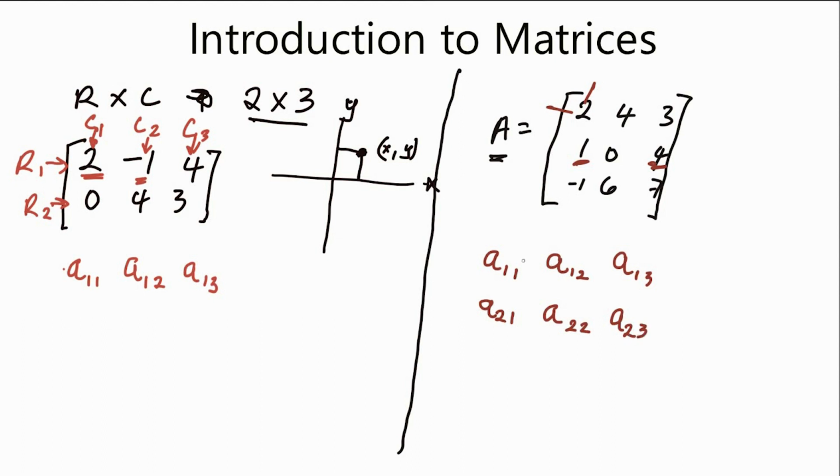Then in the last row, we have -1, which is in row number 3, column 1, so A 3 1. 6 is in row number 3, column number 2, so A 3 2. And lastly 7 is A, row number 3, column number 3. So we can easily describe the position of any element by describing it in terms of the rows and also in terms of the columns.